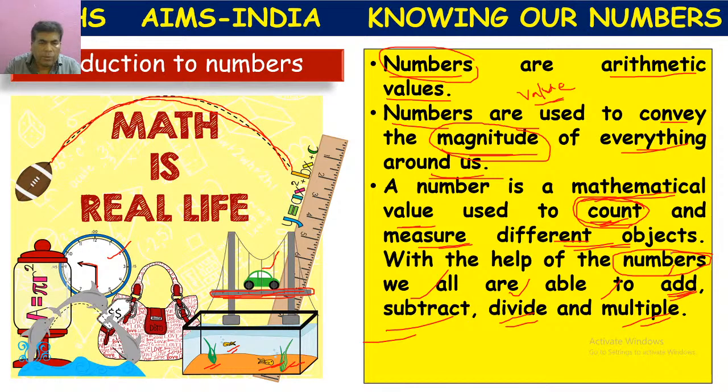We can add two numbers, subtract one number from another, divide a bigger number by a smaller number, and multiply two numbers. So a number can help in doing addition, subtraction, multiplication and division.